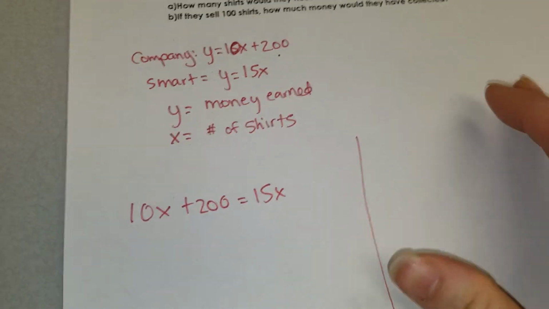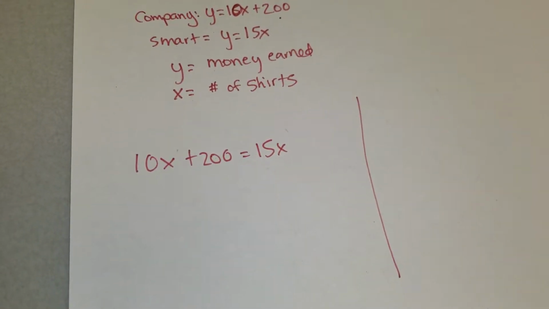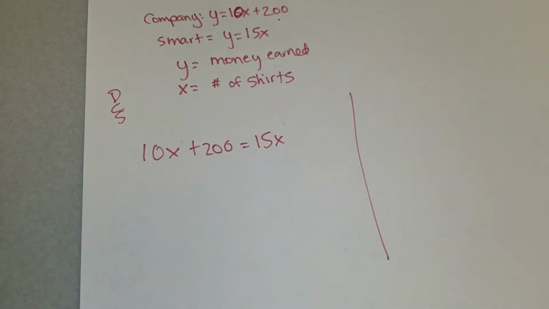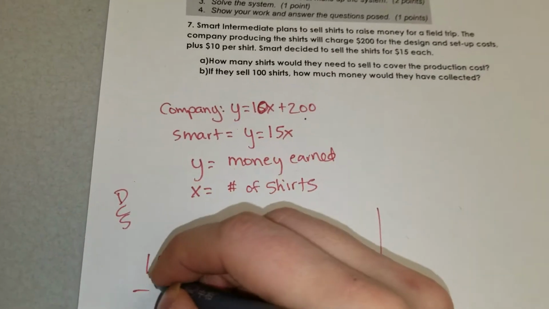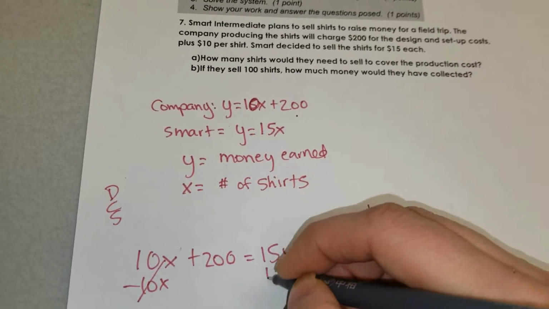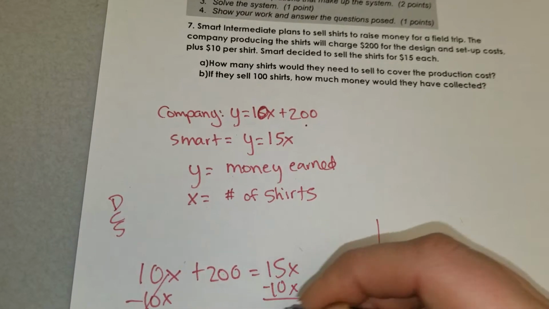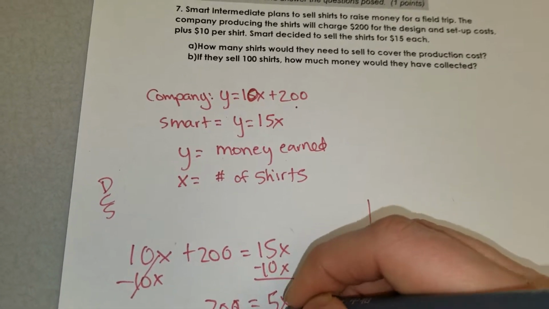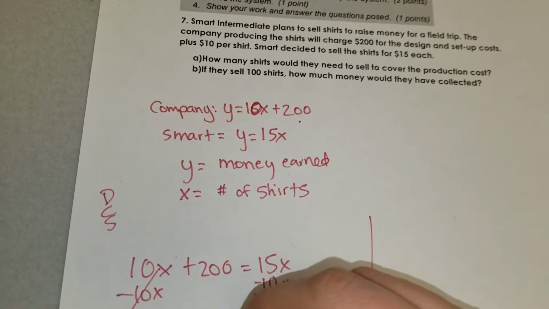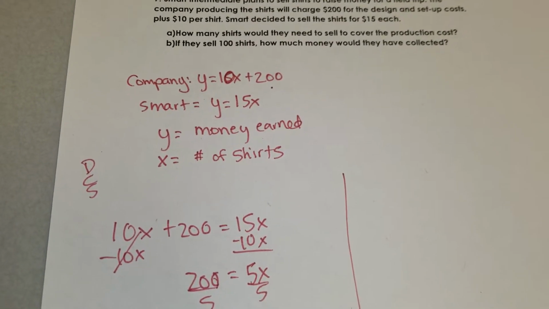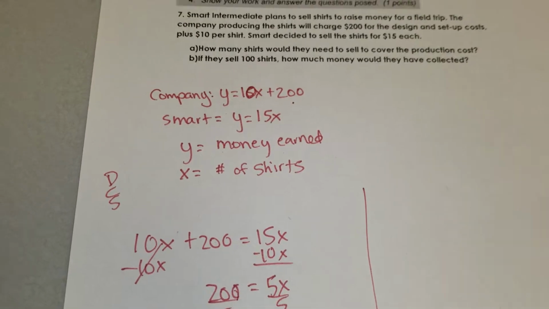Again, you can grab your graphing calculator at this point to check and make sure you have the right answer, or you can just earn that point and actually solve it. So combine like terms. So we're going to put the x's together. So 15 minus 10 is 5x. Last step, divide by 5. 200 divided by 5, the answer is 40.